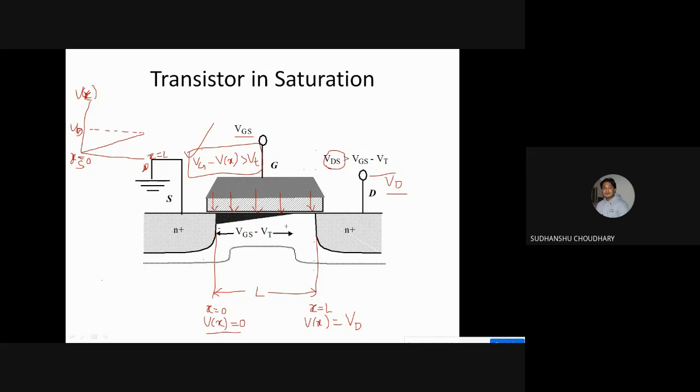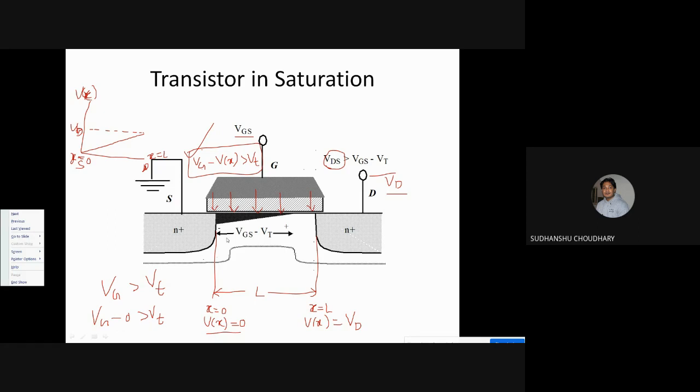We have already applied Vg greater than Vt, and at the source side, Vg minus Vx, that is Vg minus 0, is already greater than Vt. So this condition is fulfilled, that is, at the source side you will have a good strong channel, because Vg minus Vx is still greater than Vt.